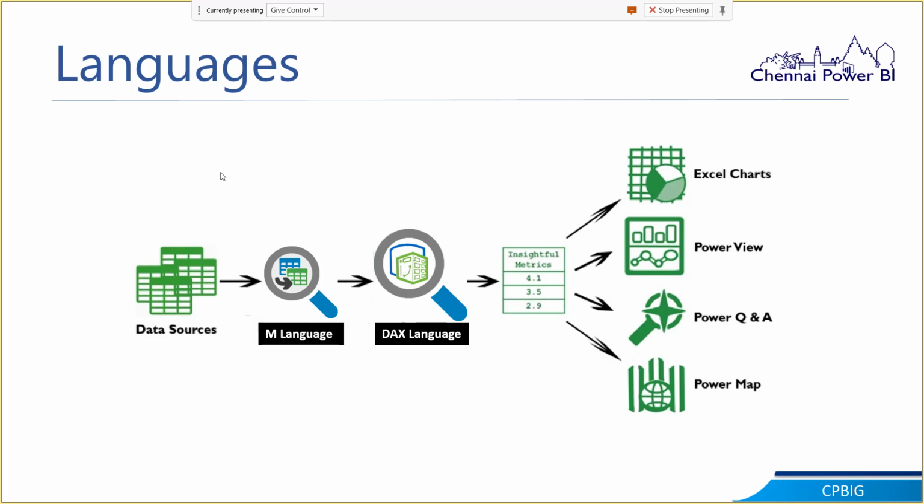When we get data from different sources, it uses Power Query language, or M script, behind the scenes, and whatever transformations you work on in the Power Query editor are converted into M script behind the scenes. All the transformations or extraction are converted into M script, and you can see the script.